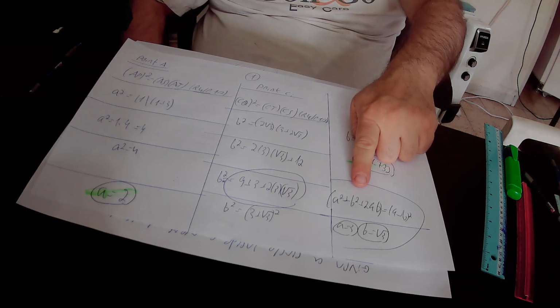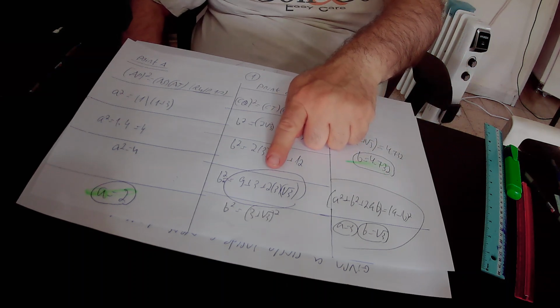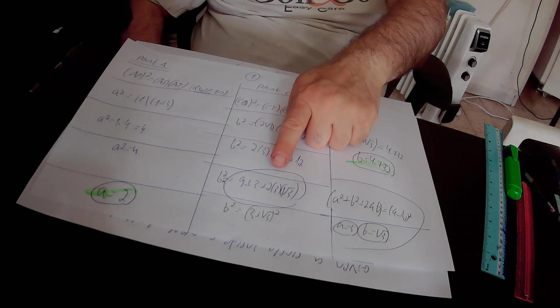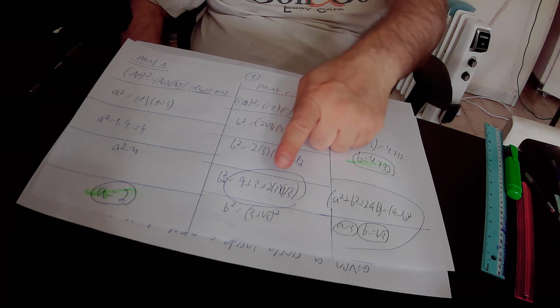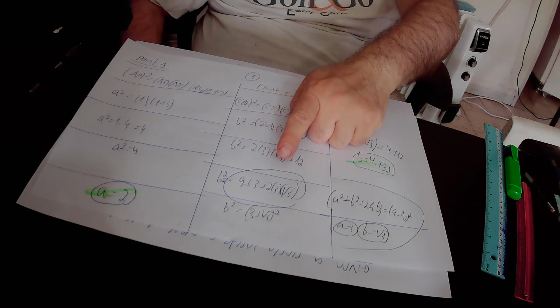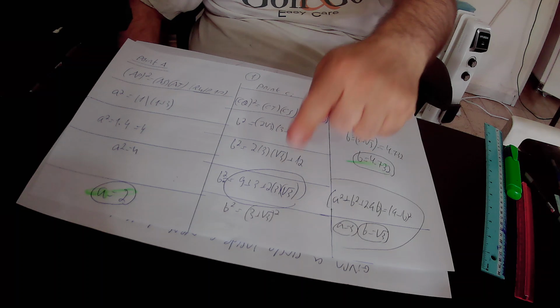And this expression equals (a plus b) squared. Therefore this expression will also equal (a plus b) squared, that is to say, (3 plus square root of 3) squared.